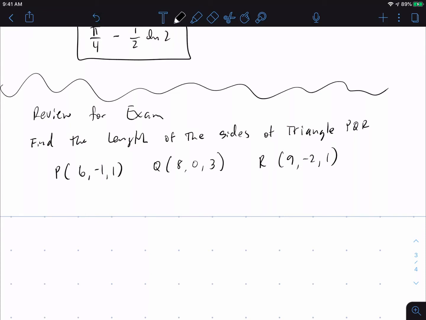There should be 3. So you should have a vector P to Q, right? Yes. A vector from Q to R, and a vector from R to P, or P to R, however you want to call it. It doesn't matter to me.